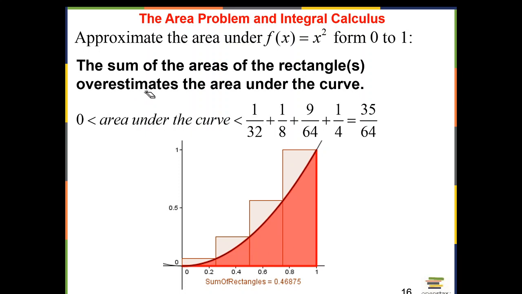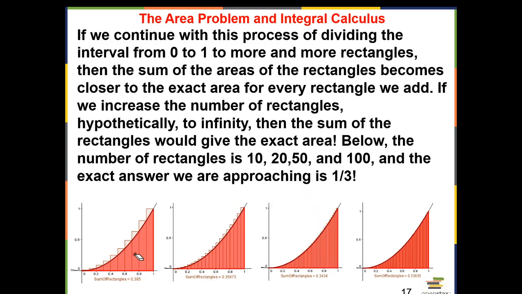So the sum of the areas of the rectangles overestimates the area under the curve, right? So how do we make it better? Well, we can divide it into 10, 20, 50, 100, and so forth. And we're going to do that later in chapter 5. But for now, I'm just showing you this problem that was solved with calculus.